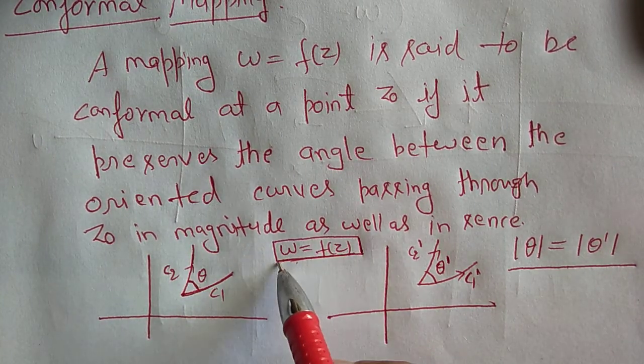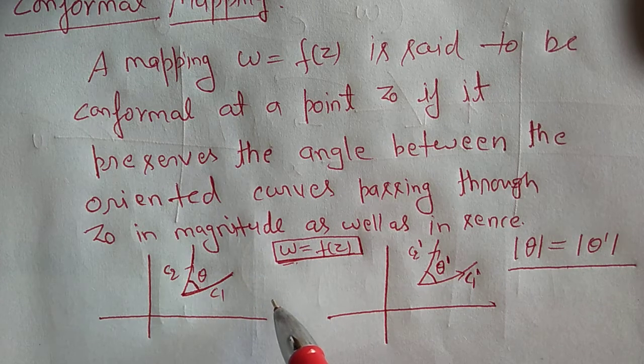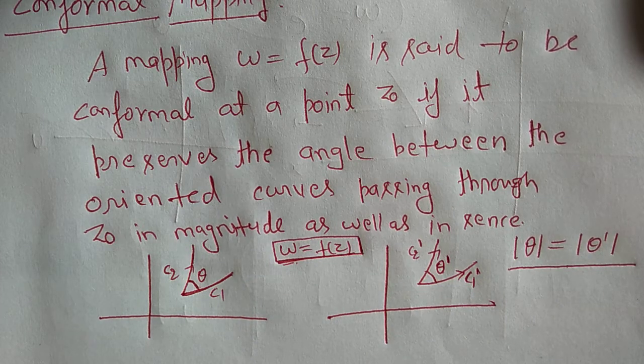Sometimes what will happen, the magnitude will be the same but the direction will be different. That mapping is called the isogonal mapping.